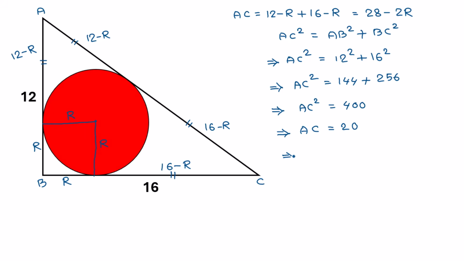Or as we have AC is equal to 28 minus twice r, so substitute here, we can write 28 minus twice r is equal to this right side, 20.